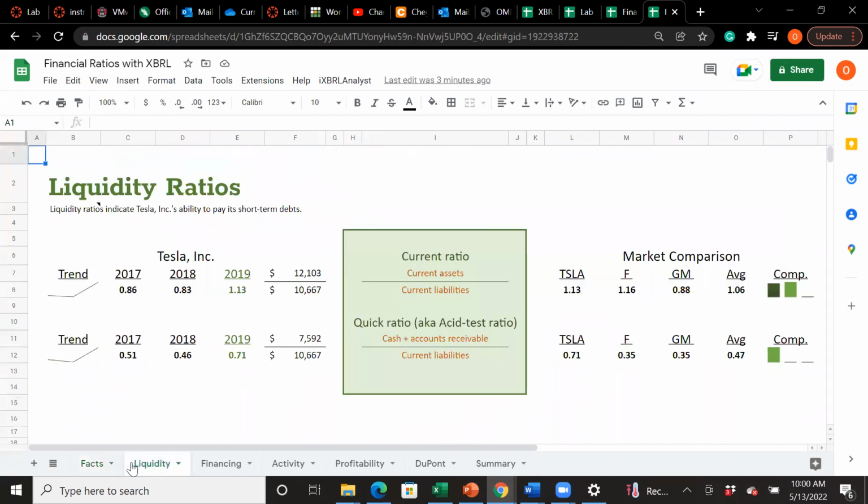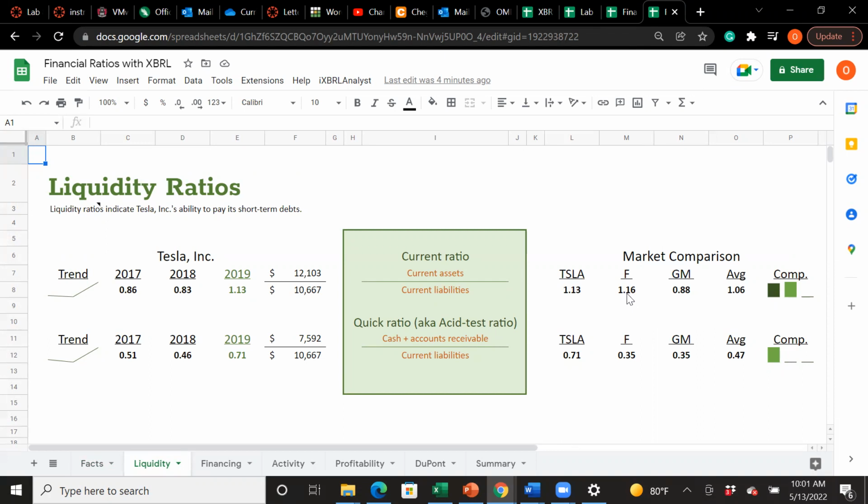Going over to my copy, I'm heading to liquidity. Here you can see that Tesla's liquidity ratio has increased over the years, same as for the quick ratio. Compared to General Motors and Ford, Tesla is higher.